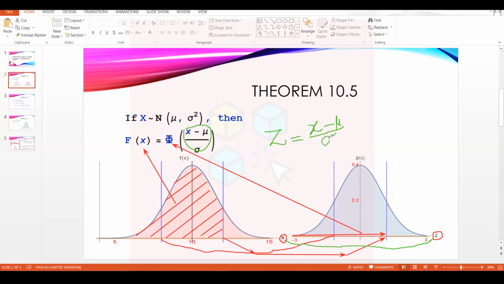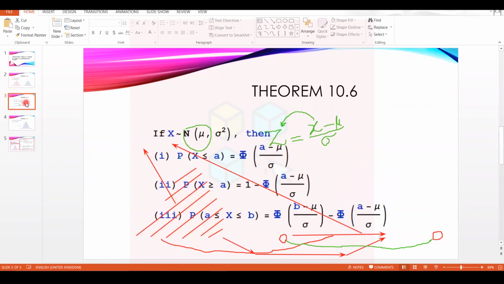By using this we can convert x into a z score. Now we will come to the next slide, in which we will study a few theorems related to the inverse use of the standard normal distribution in the normal distribution.